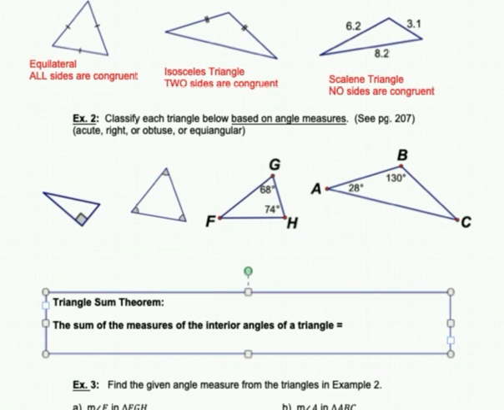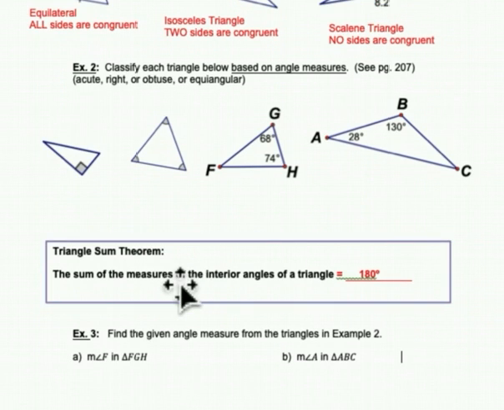So you can go ahead and fill that in your notes. So the sum of all 3 interior angles has to add up to 180 degrees in a triangle, as long as the triangle is a 2-dimensional triangle. So this theorem is only true if it is a flat triangle.